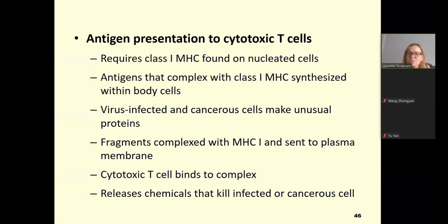And therefore, we talked about it yesterday with the natural killer cells, because the natural killer cells can detect when cells are not expressing normal MHC1 protein. So it's when it's being complexed with antigens that both natural killer cells and cytotoxic T cells can pick up these antigens.